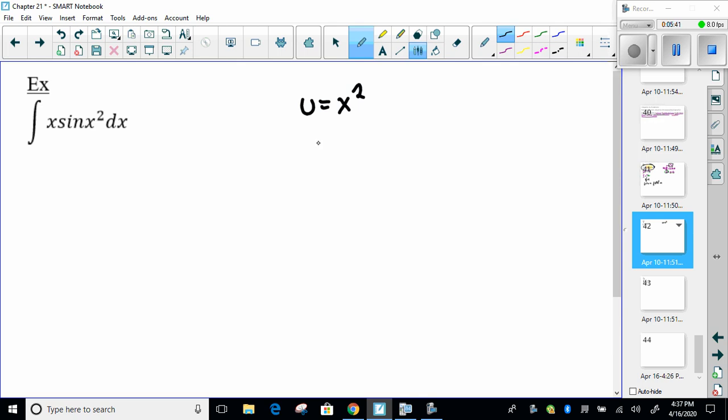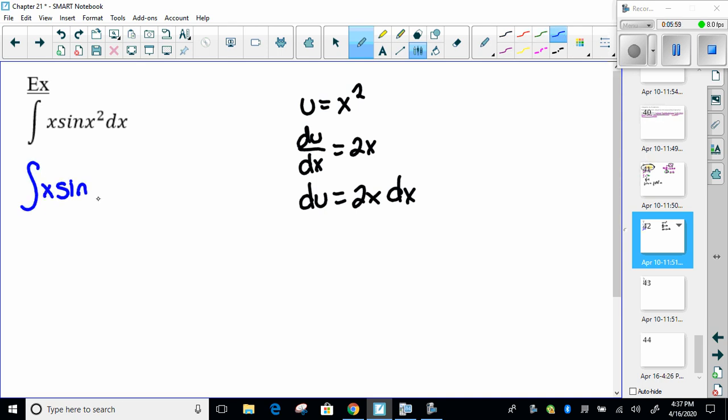So now we're going to take the derivative of that. So du dx is just 2x. So therefore, solving this, du equals 2x dx. Over here, this is the integral of x times the sine of u dx. So I just did that u substitution in there.